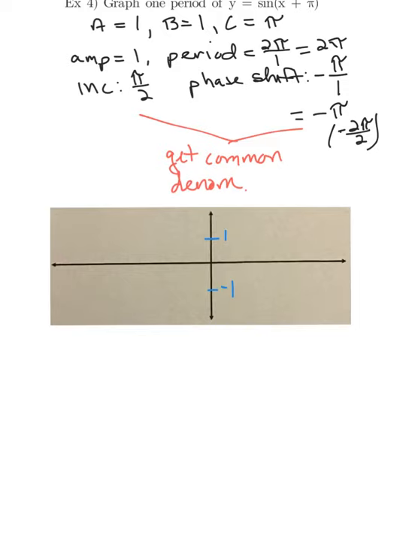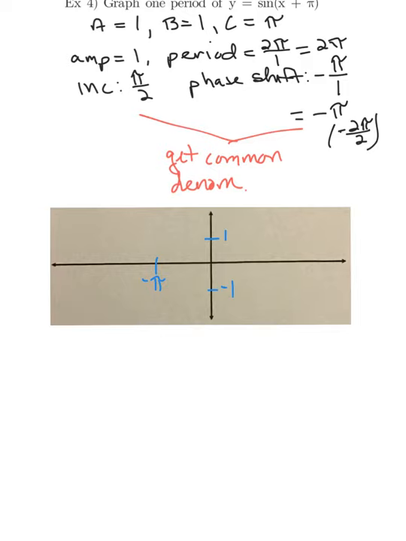Use your increments and your phase shift to start putting the graph into position. So instead of starting at 0, because we have a phase shift of negative pi, we're going to take that whole graph and move it left to negative pi. So that means we're going to start at negative pi instead of at 0.